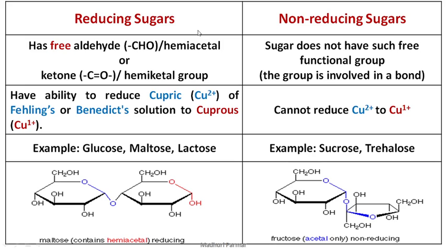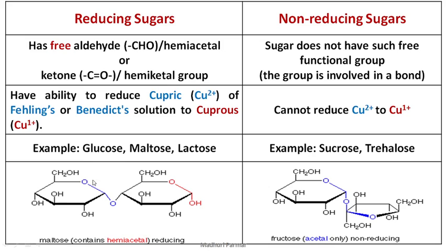Fine. Now let us quickly discuss what is reducing and what is non-reducing type of sugar. In reducing sugar, you have a free aldehyde or hemiacetal or a ketone group or hemiketal group. You have some free functional group. Free in the sense it is able to react. Just take the example shown here.